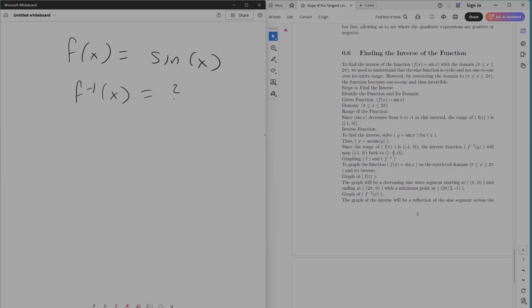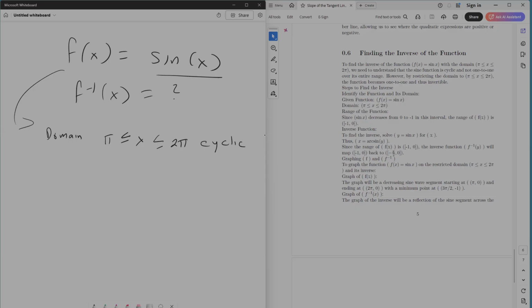So we know that for f of x, we're going to concentrate on the domain x greater than or equal to pi and less than or equal to 2 pi, because sine of x is cyclic and not one-to-one over its entire range.